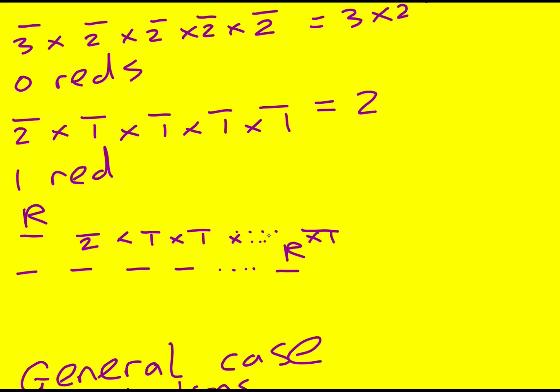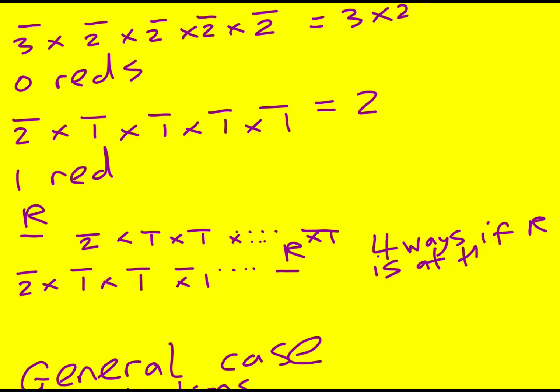Okay, that's it. But then I'm going to get the same again here. There's going to be 2 options, and it's going to alternate. So I'm always going to get 4 here. In fact, 4 ways that I could have 4 ways if R is at the end.